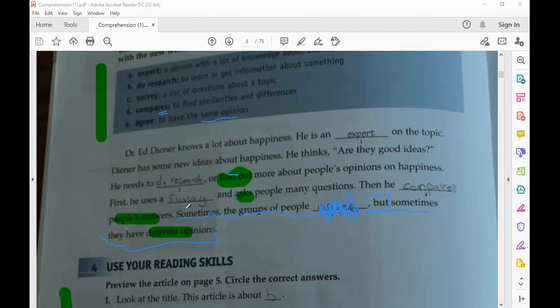Because it is a conjunction here, but, we use but to show contrast. The word but here shows us that the first part is the opposite of the second part. And here we have different opinion, the opposite of same opinion. Which means the verb here should be agree. Agree. Okay, let's move on.